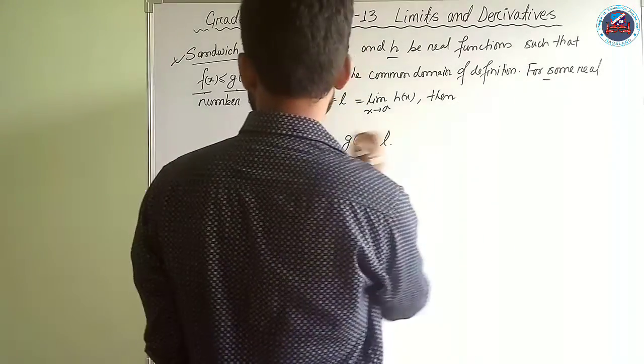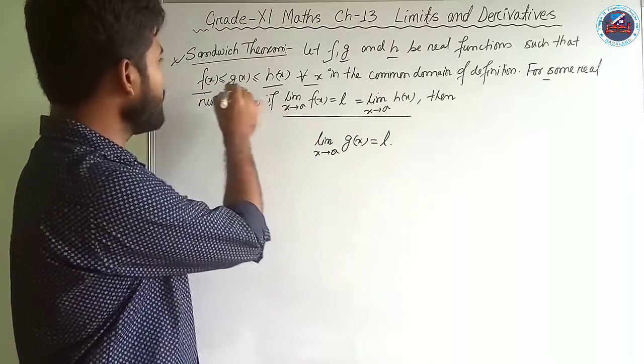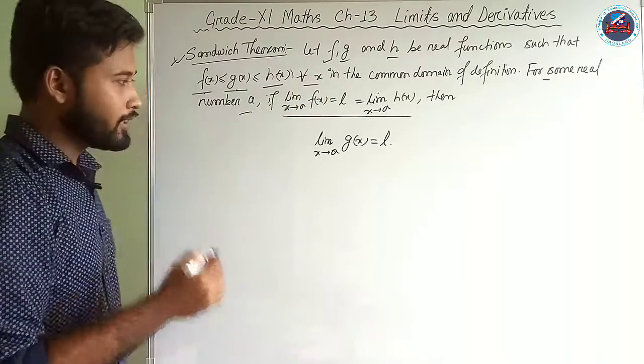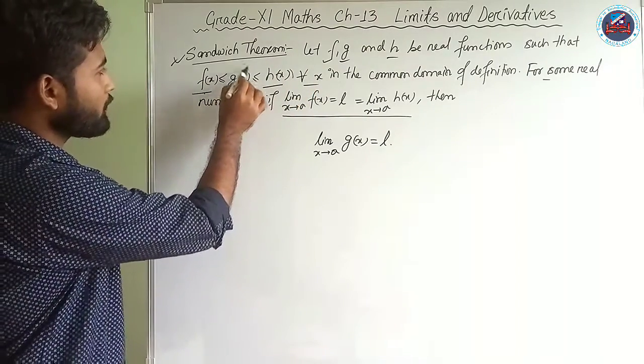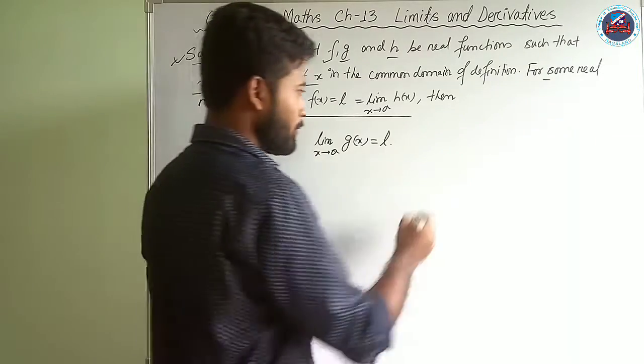So for some real number a, if the limit of the function f(x) is the same as the limit of the function h(x), then we can say that the limit of the function g(x) is the same as them. So graphically, what can I say?